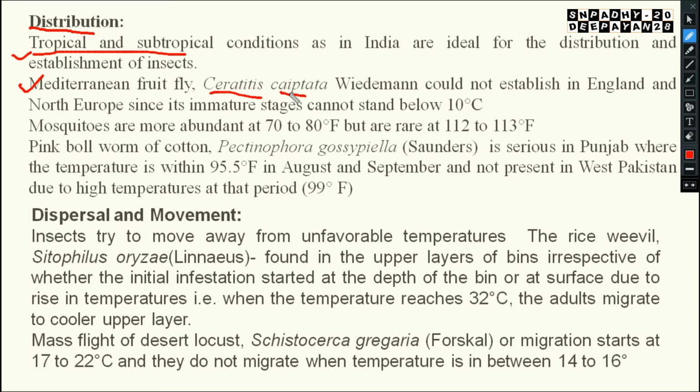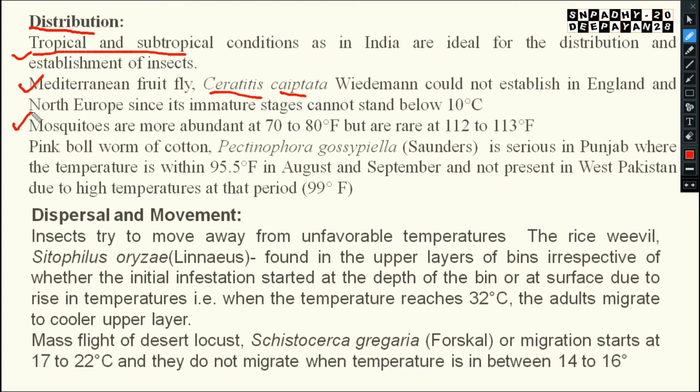Getting my point? This temperature, that is 10 degrees centigrade, is affecting the distribution of Mediterranean fruit fly. Simply they cannot survive under 10 degrees centigrade. The maggots cannot survive, and that's why the adults also won't come to the place. They cannot establish there. Okay, this is another example.